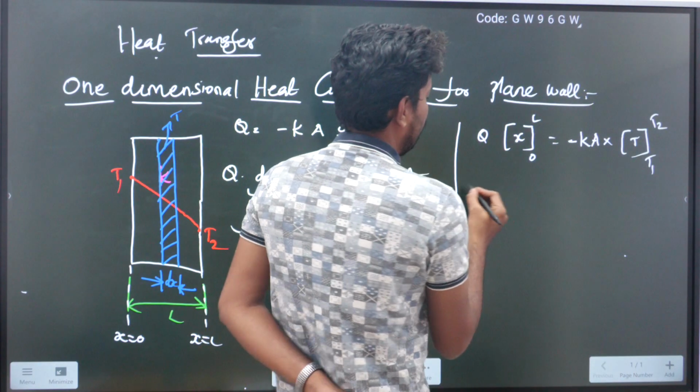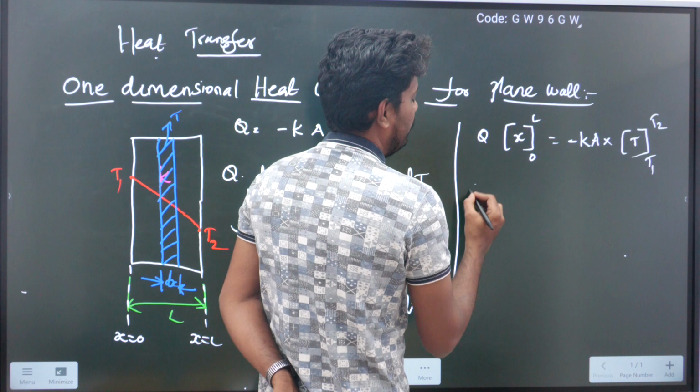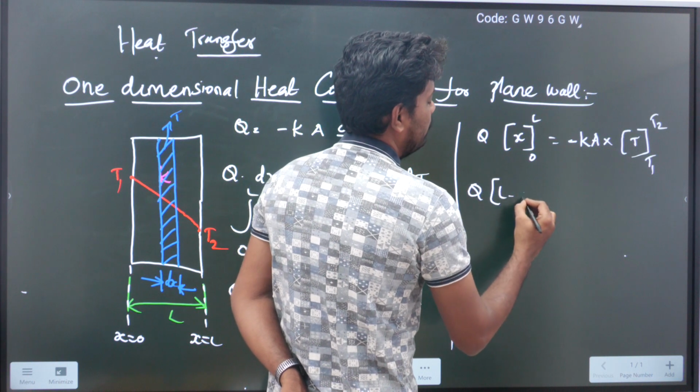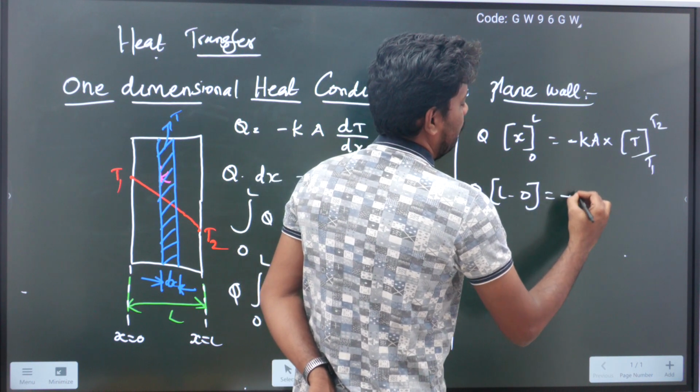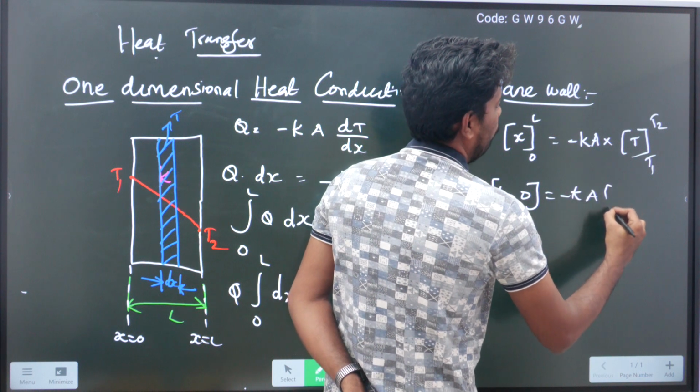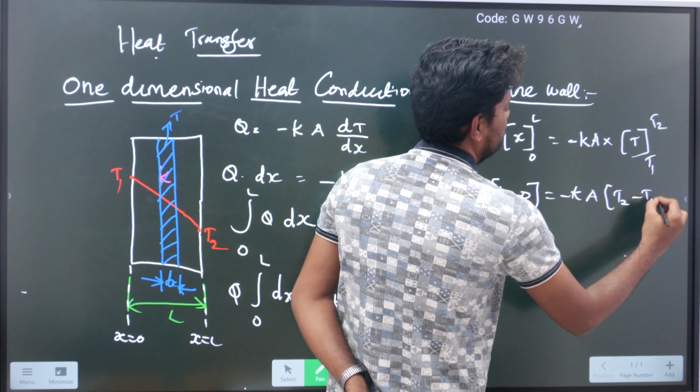Now again we substitute the upper limit minus lower limit, q into L minus 0 equal to minus k into a into t2 minus t1.